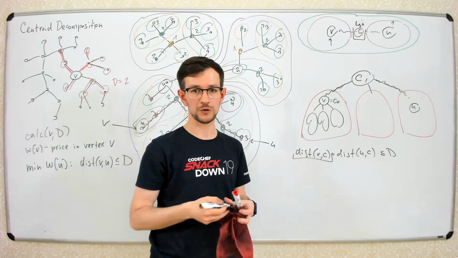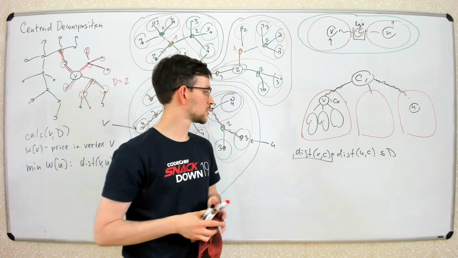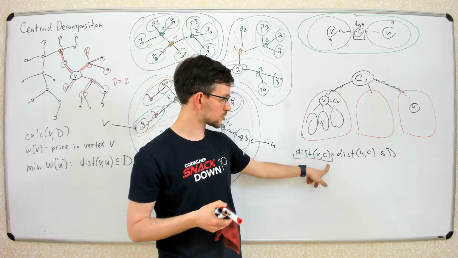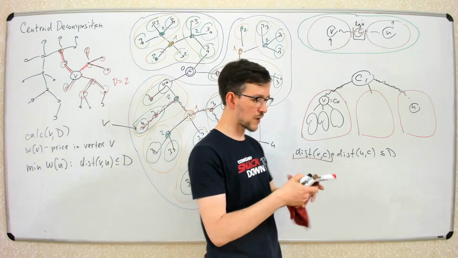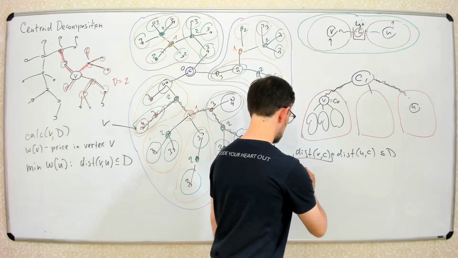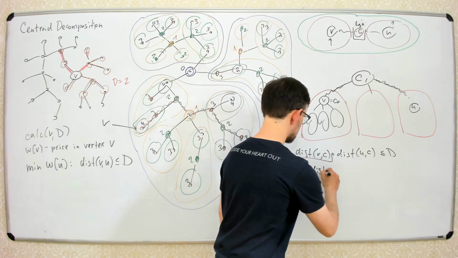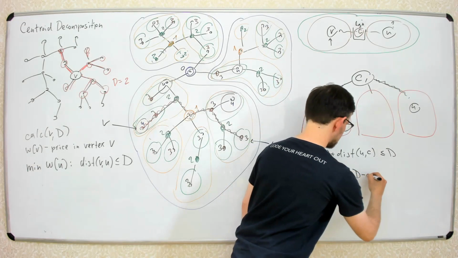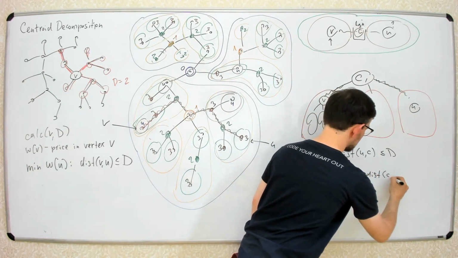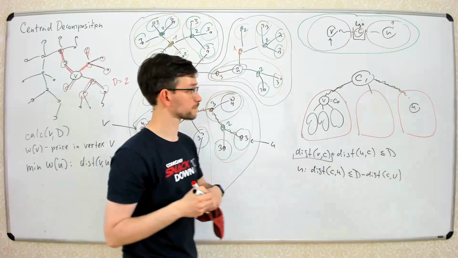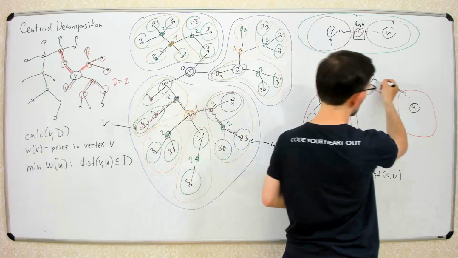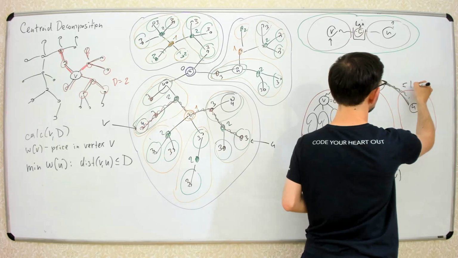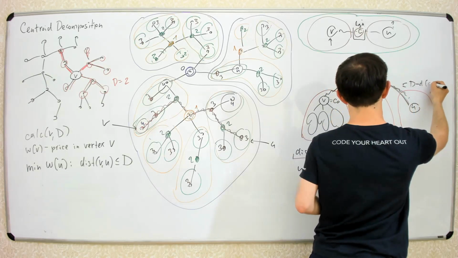We can pre-calculate all distances. So we'll pre-calculate distance from V to the centroid. And now we just need to find all nodes U such that distance from centroid to U is no more than D minus distance from centroid to V.